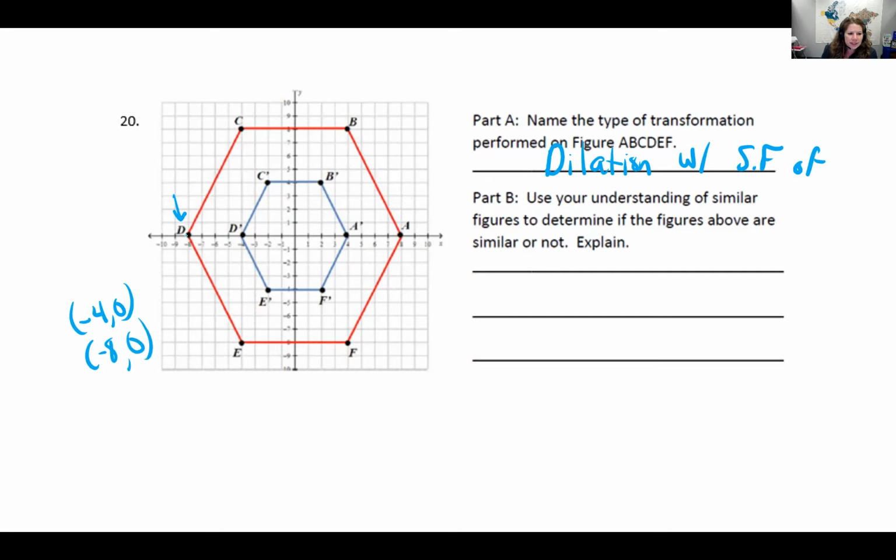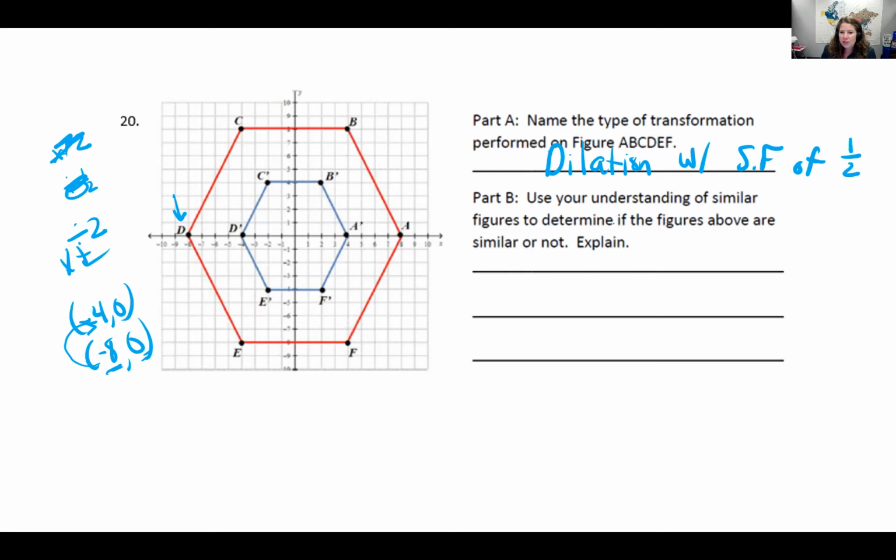So remember, this one is the original. So how did we get from this number to this number? You could say we divide by 2, but scale factor is always multiplication. So the same thing as dividing by 2 is multiplying by 1/2. So the scale factor is 0.5 or 1/2.